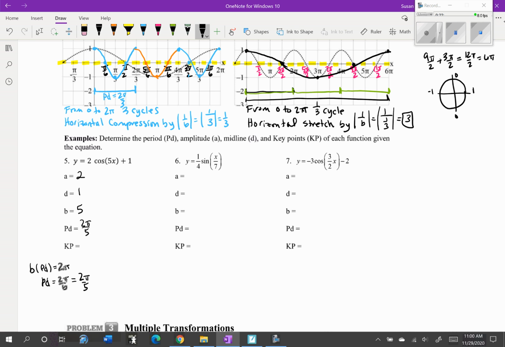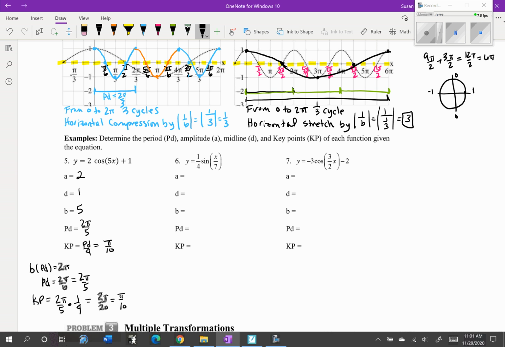And the key points are the period divided into 4 equal parts, or you can multiply it by 1/4, it's the same thing. So the key points are equal to 2 pi over 5 times 1/4, which is the same thing as dividing by 4. When you reduce this, you get 2 pi over 20, which of course is pi over 10.